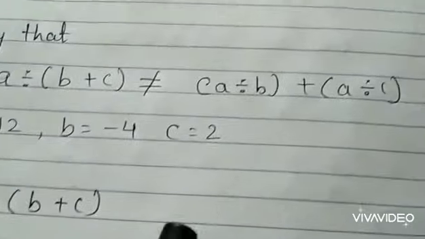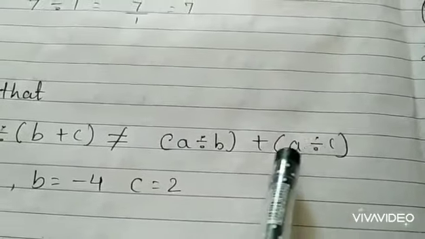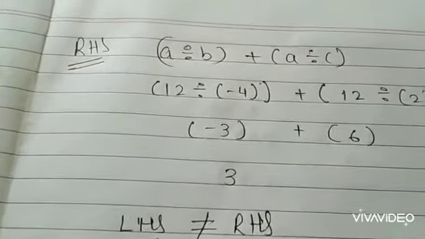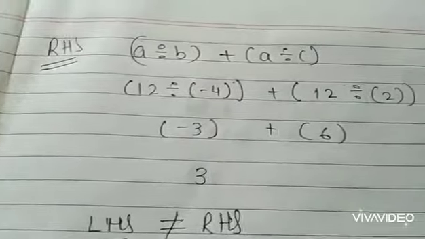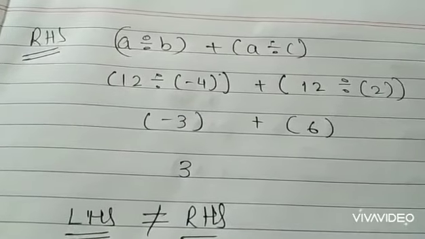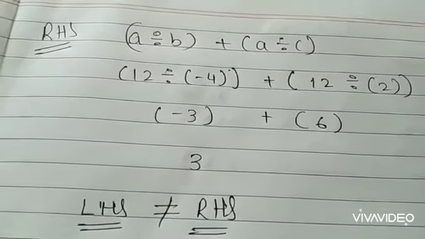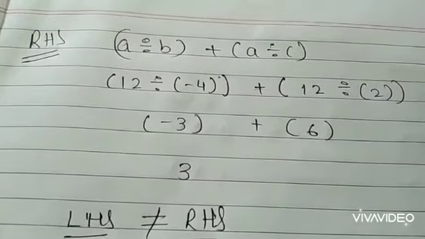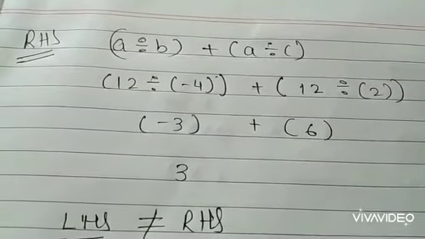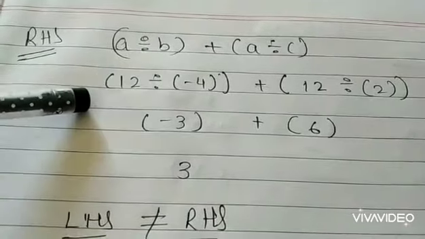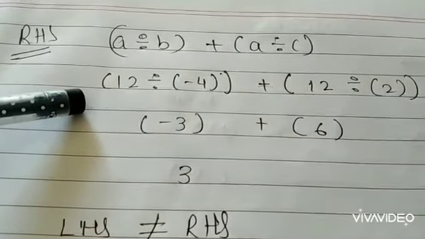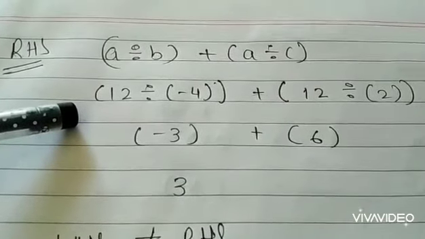Now we will solve our right hand side: a divided by b plus a divided by c. A is 12, b is minus 4 and c is 2. So (12 divided by minus 4) plus (12 divided by 2).